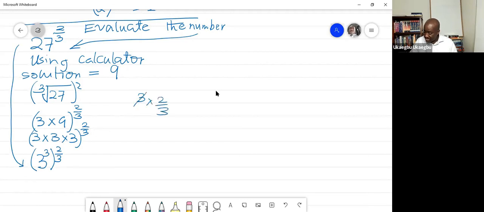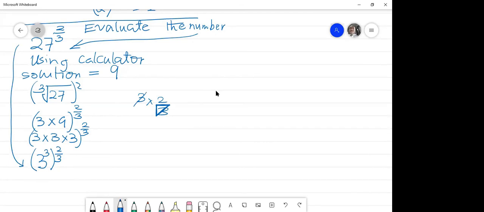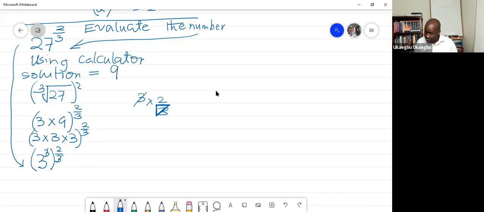So 3 divided by 3 is 1, and you are left with 3 raised to power 2. And 3 raised to power 2 is the same thing as 9. So the person who used the calculator was right.